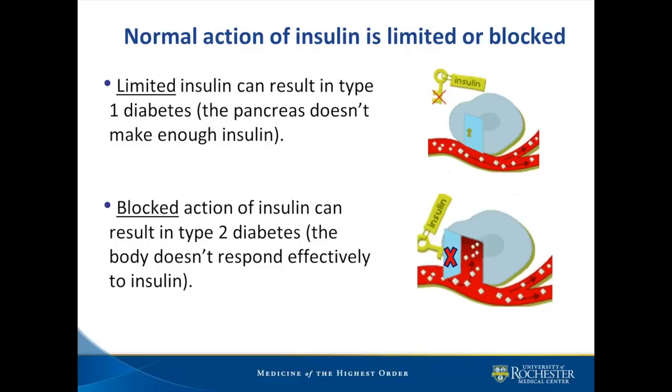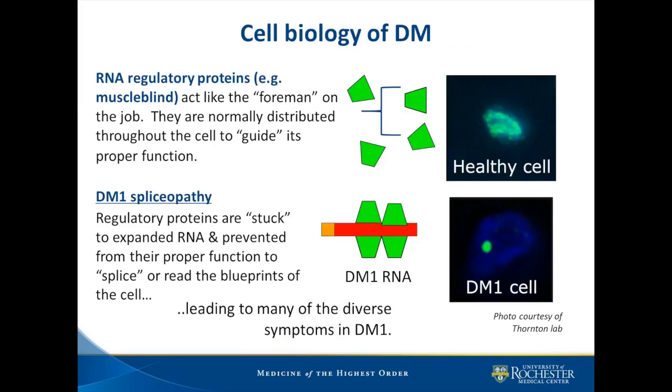And bear with me, not all my slides are going to be like this, but I think it's important to talk a little bit about the exact mechanism that may underlie how this receptor on the cell in myotonic dystrophy could be manufactured incorrectly, and also to talk a little bit about the gene defect in myotonic dystrophy, the mutations in both myotonic dystrophy type 1 and myotonic dystrophy type 2, and how they actually are creating a problem with the insulin receptor and a number of other proteins that are important in cells that cause the thing called a splicopathy and RNA toxicity. So what is this that I'm talking about?